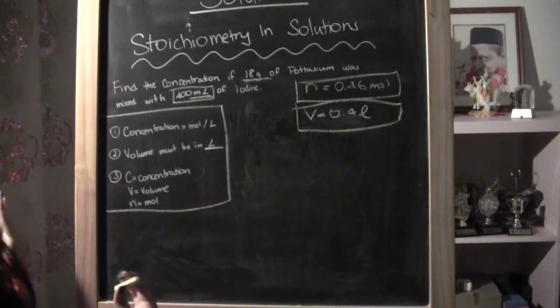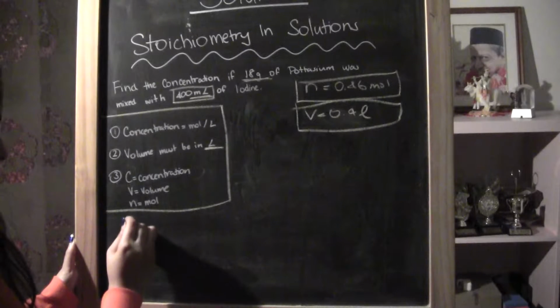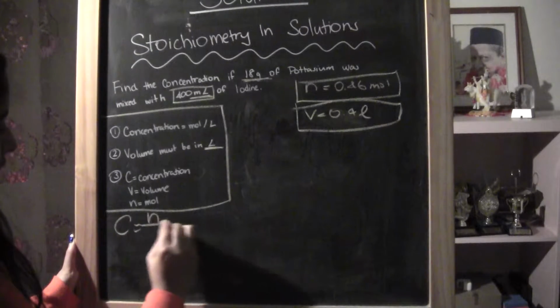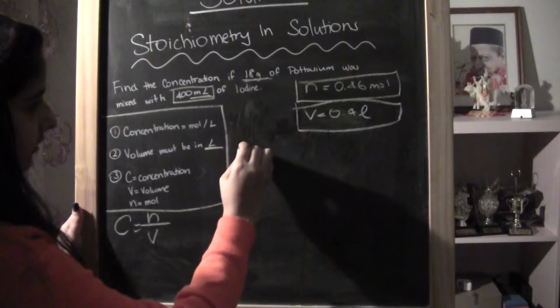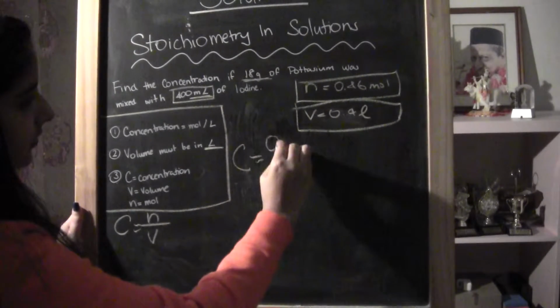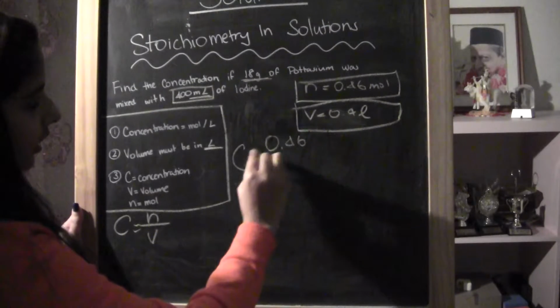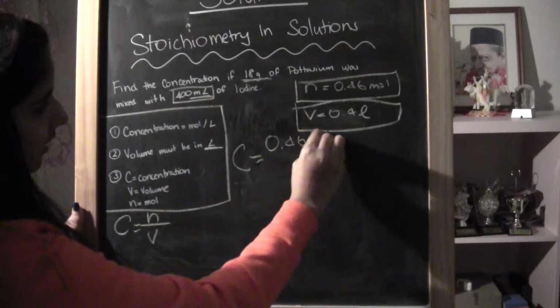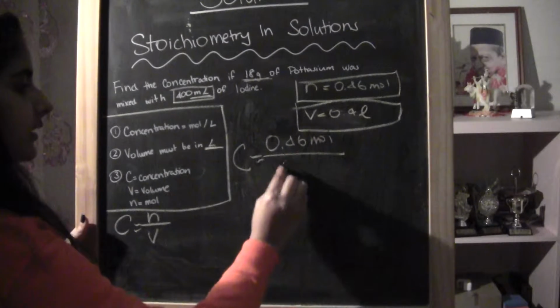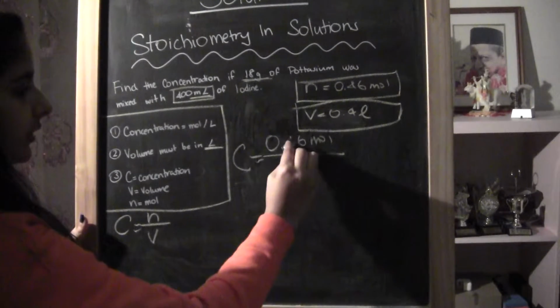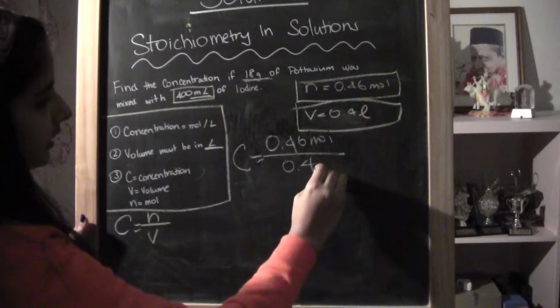From here on, pretty straightforward. If you recall, the equation was C equals n over V. So, again, C, okay, equals n, don't forget to include your units, over V. Oh, sorry, that is a 0.4.